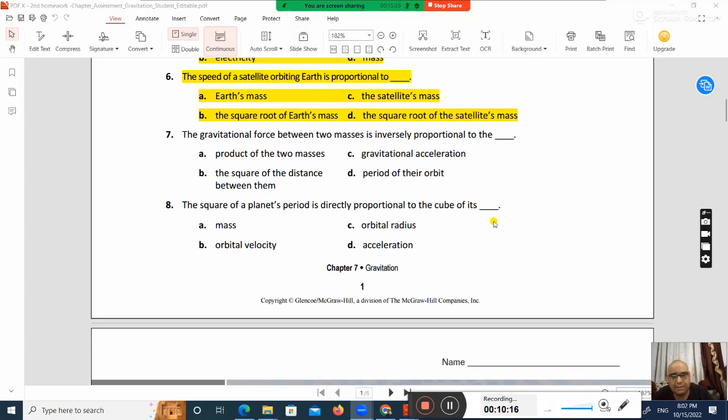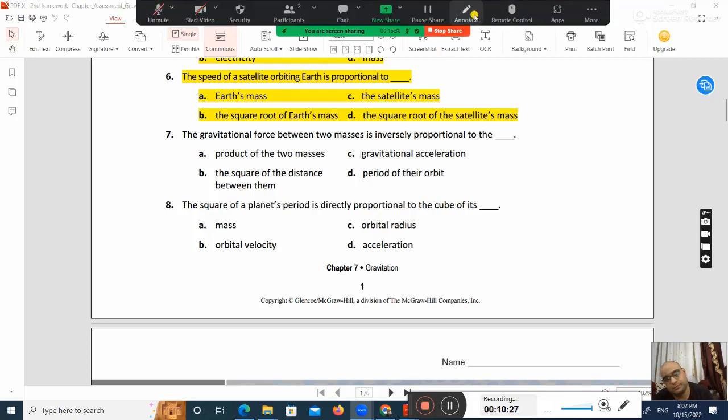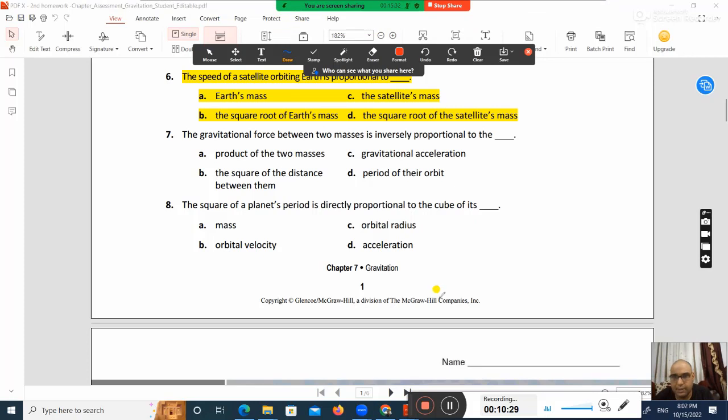The square of a planet's period is directly proportional to the cube of its orbital radius. Kepler's third law says that T1 over T2, or TA over TB, squared equals R1 over R2, or A over B, cubed.